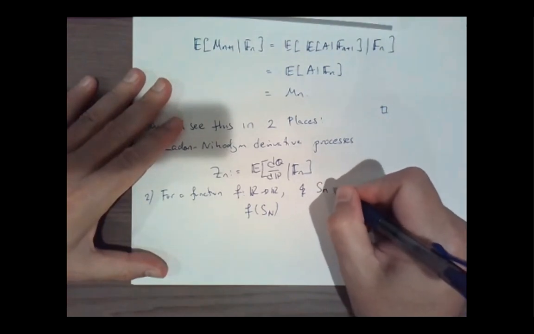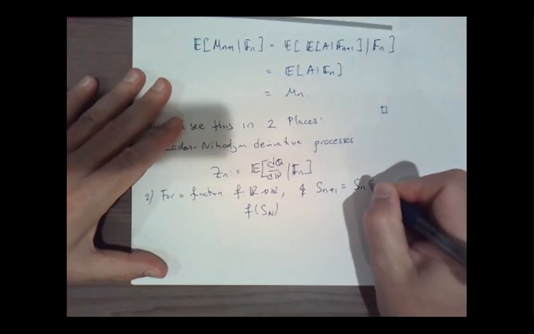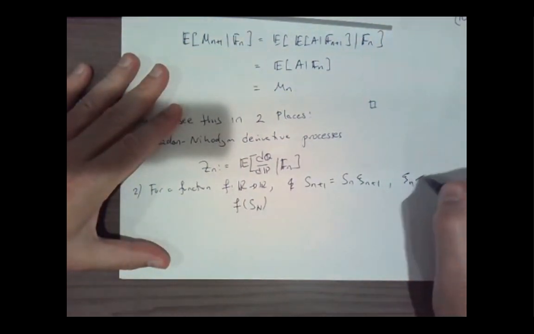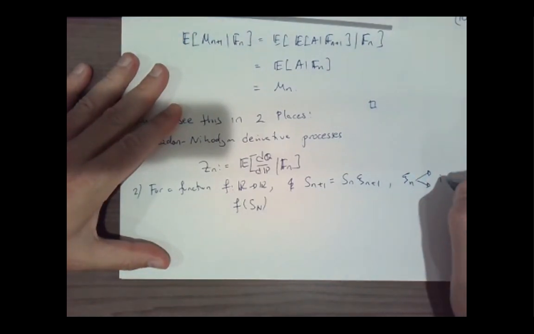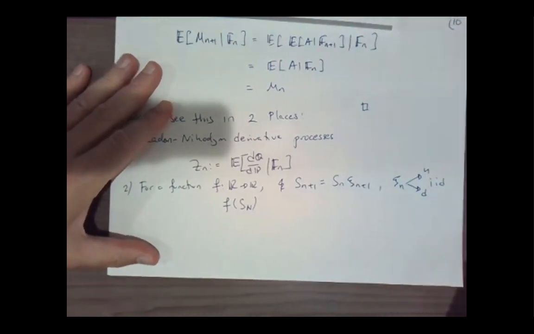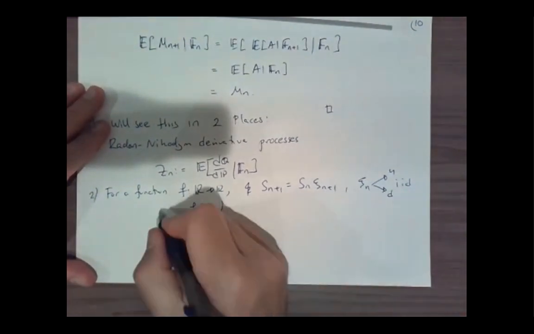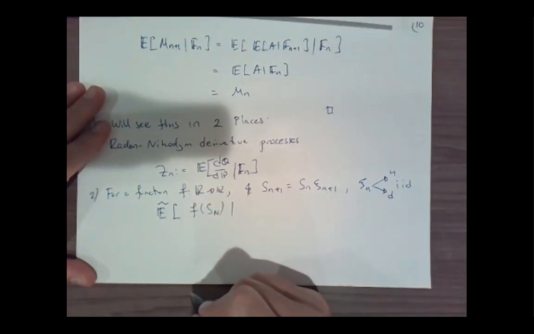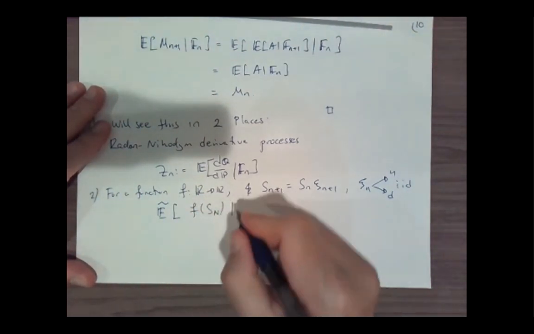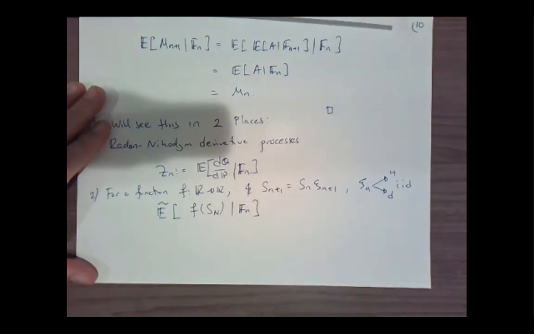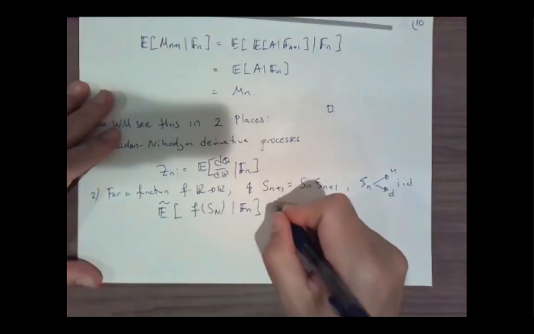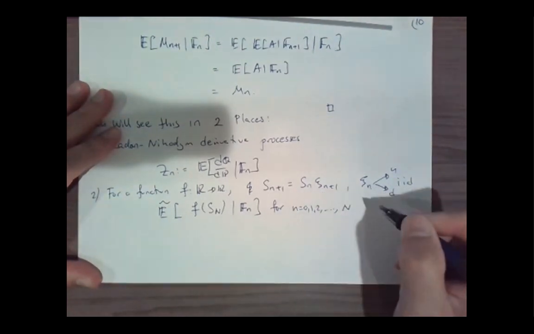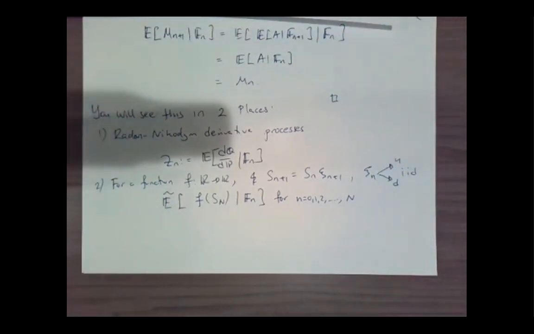So you have S_{n+1} equal to S_n times psi_{n+1}, and you have these IID Bernoullis that go to u and d. You'll see it over here when you compute a conditional expectation of, say, a payoff at time capital N given F_n, where n equals 0, 1, 2, up to N. So you'll see it there.